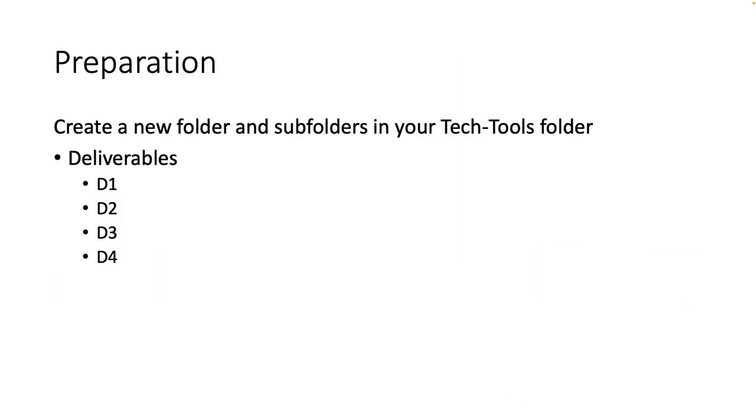So you'll want to prepare. You'll need to create new folders and subfolders in your Tech Tools folder. The first folder you'll need to build in Tech Tools will be called Deliverables, and then build a subdirectory or subfolder for D1, D2, D3, and D4.